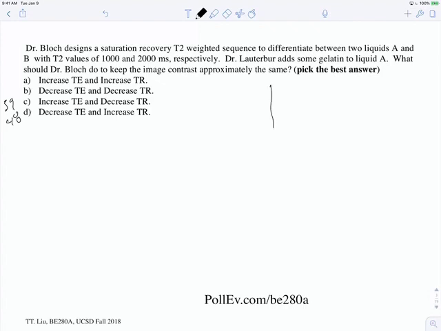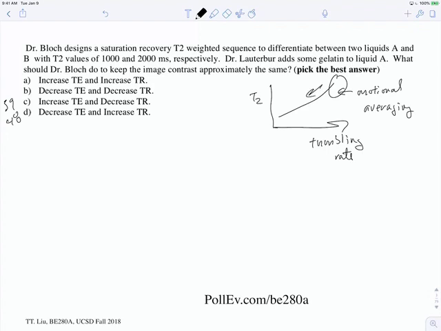So remember this graph here of tumbling rate versus T2? Okay, it sort of goes like that, right? The more tumbling there is, the more motional averaging, right? And therefore, when we're in this regime, the spins don't really affect each other because it's just averaged out to 0. As we move down this curve, which we're doing with the gel, we expect the T2 to go down. All right?